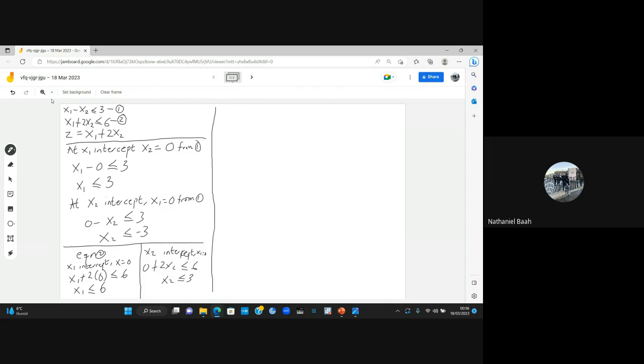So same thing. I have my Cartesian plane. This is my x2. This is my x1. So at x1 intercept from equation 1, what did we get? x1 is equal to 3. So say this is my 3. At x2 intercept, that is when x1 is equal to 0.